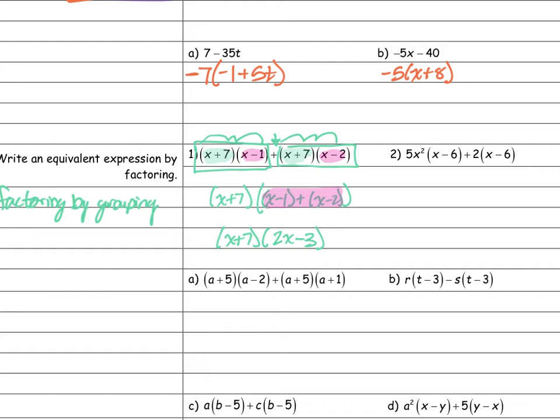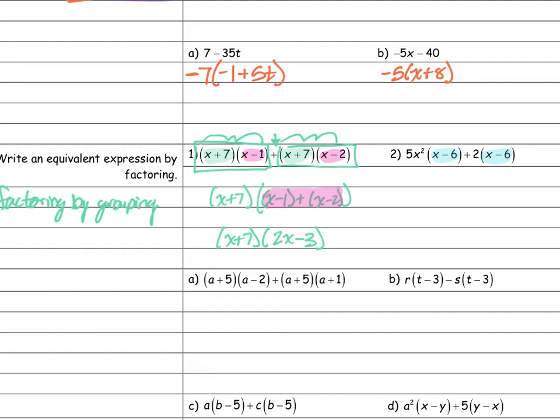All right. The second one's a little easier because it doesn't have two sets of parentheses. It just has a term and then a like term multiplied together. So I've got this x minus 6. What are my like terms? The x minus 6.